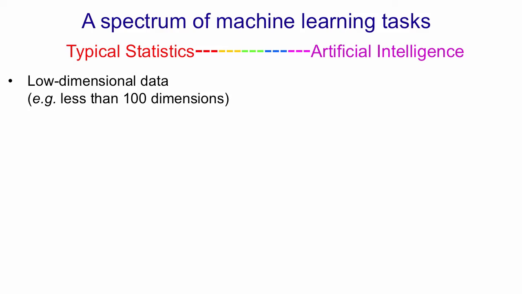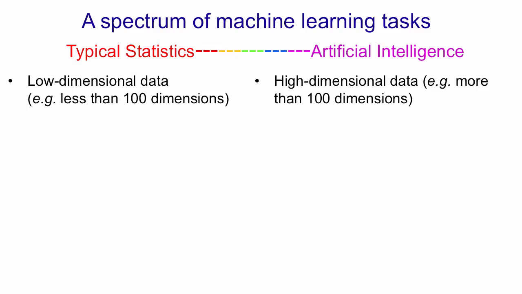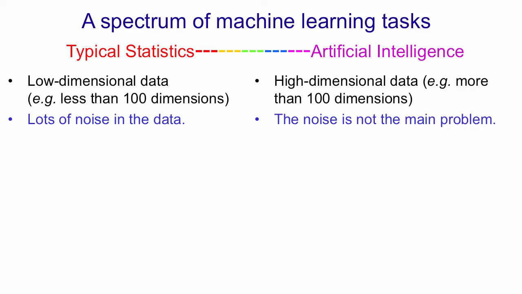A statistician thinks of 100 dimensions as high-dimensional data. At the artificial intelligence end of the spectrum, things like images or coefficients representing speech typically have many more than 100 dimensions. At the statistics end of the spectrum, there's usually a lot of noise in the data, whereas at the AI end of the spectrum, noise isn't the real problem.